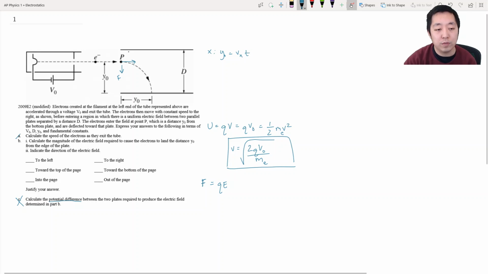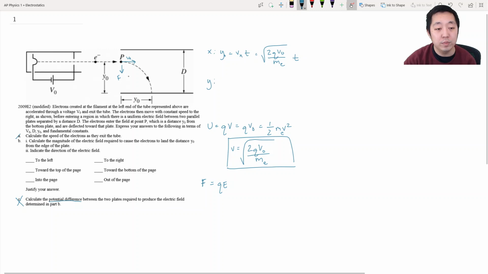And the electric field is vertical, so it's not going to cause a change in velocity. So its velocity is the same the whole time, which is the square root of 2q V naught over the mass of the electron, times t. I just replaced v with vx here.